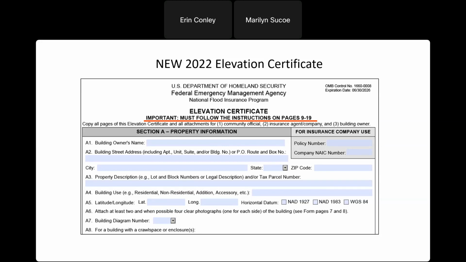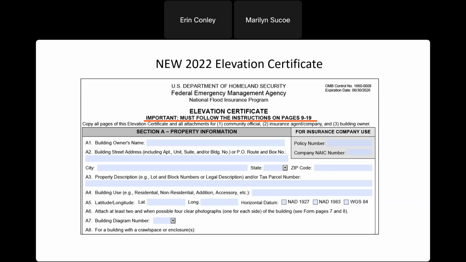Latitude and longitude is important. When someone doesn't get that correct, unfortunately, it does affect the placement of the LOMA on the National Flood Hazard Layer. So that is important when it's going in for a letter of map amendment.